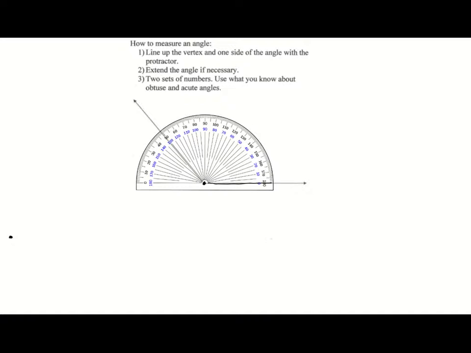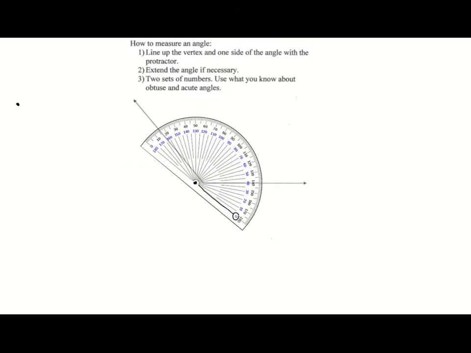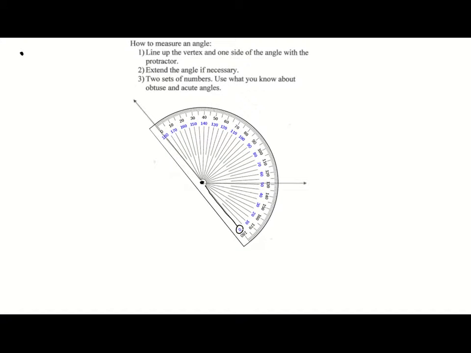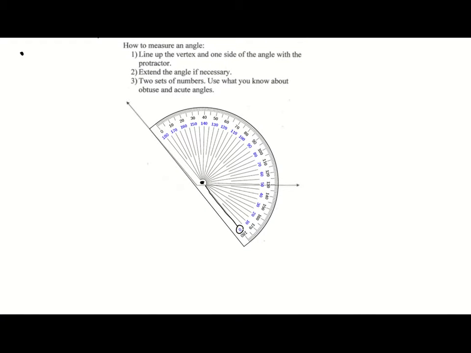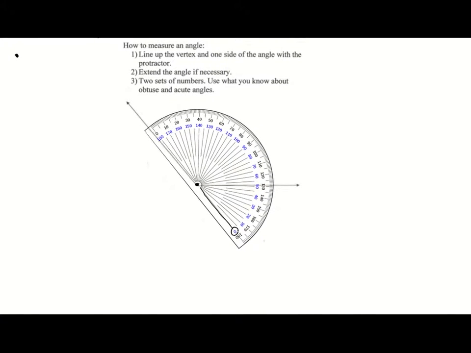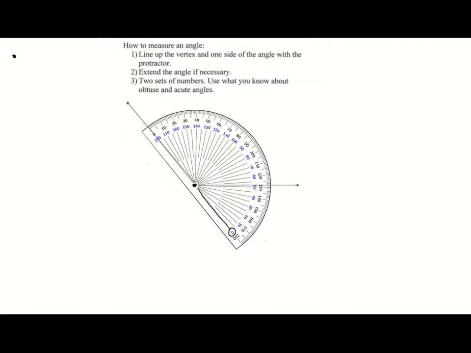And since I'm using the right side of my protractor to line up, that means I'm going to be using these blue numbers because I'm starting here at 0. If I wanted to use the other side of my protractor, I could line up with this side of my angle, and now I would be starting at 0 with the black numbers here.